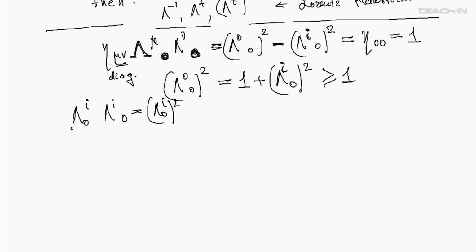Either this component is bigger or equal to 1, or lambda 0,0 is less or equal to minus 1. So for any Lorentz transformation, either the component lambda 0,0 is bigger or equal to 1, or it is less or equal than minus 1.